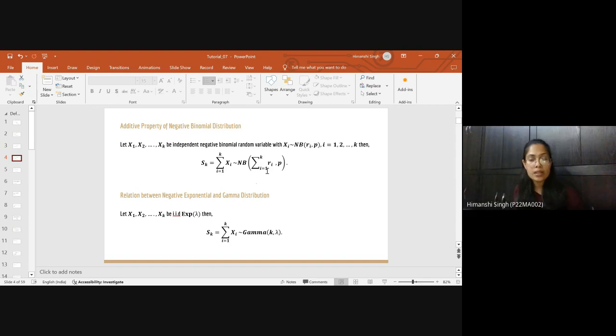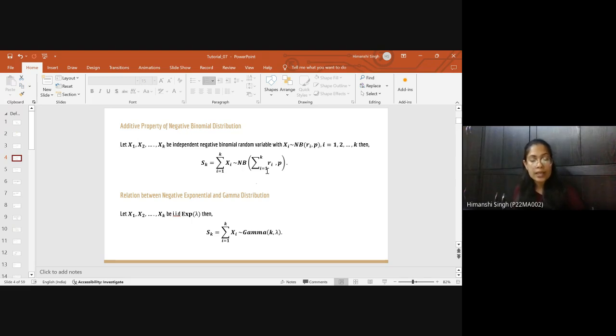Then the summation will follow again a negative binomial with summation i going from 1 to k of ri and probability p. So here Sk will count the number of trials for the summation of ri successes, with probability p. So this is the additive property of the negative binomial distribution.